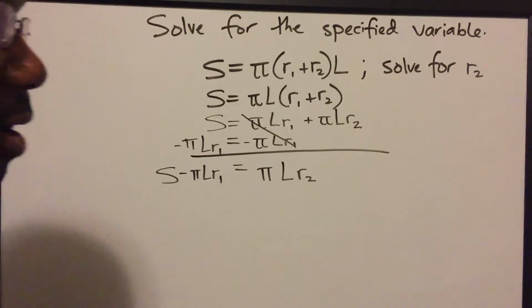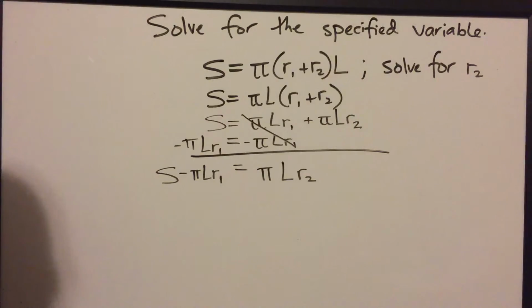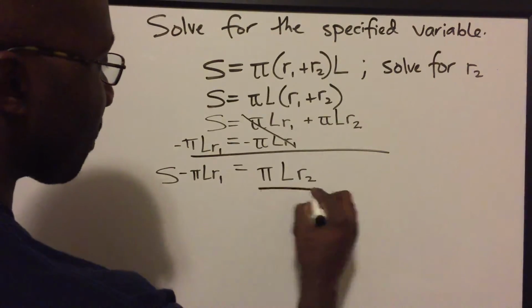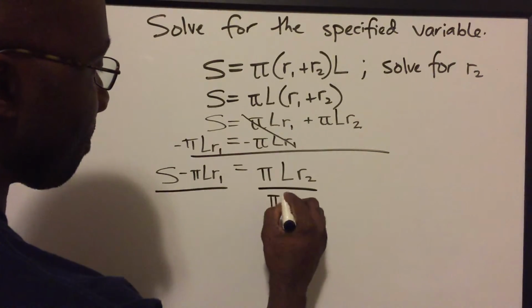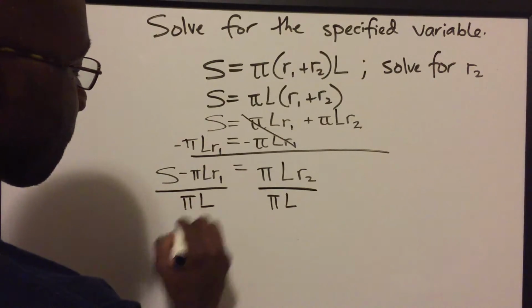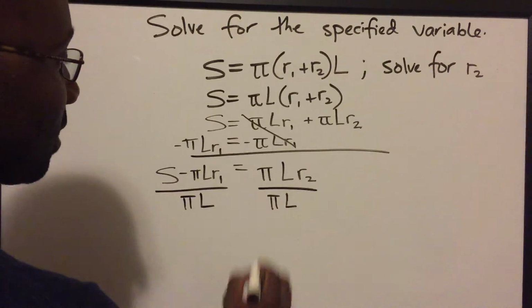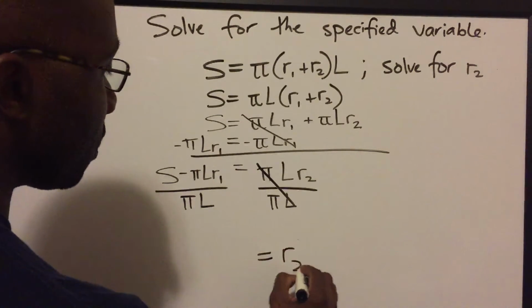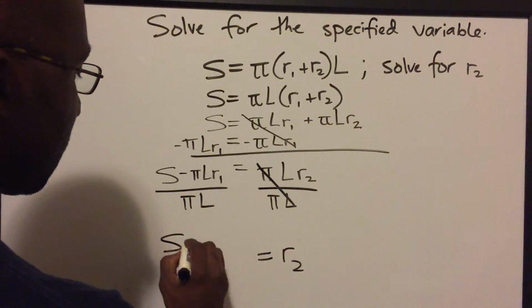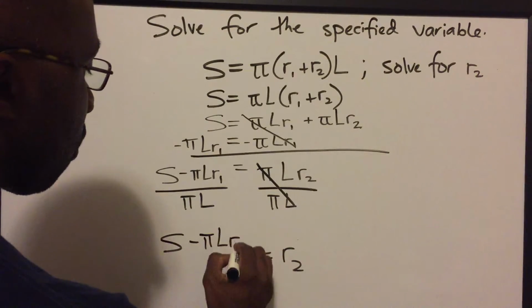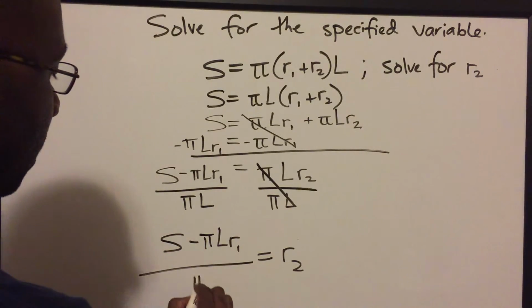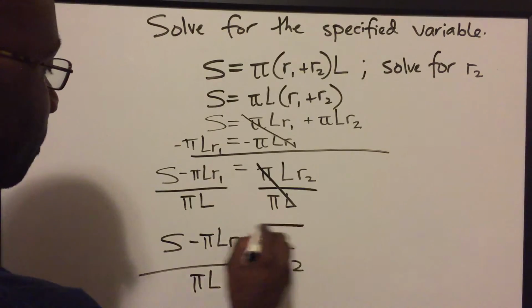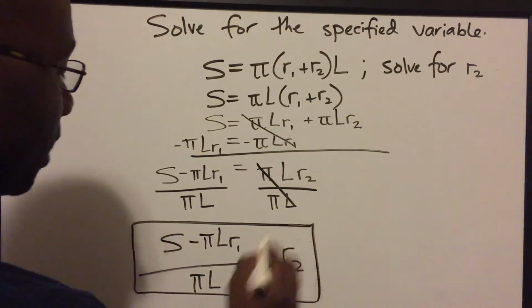Now if I want to get pi L R2 all by itself, all I have to do is divide by pi L. Once I do that, this cancels out. I have R2 is equal to S minus pi L R1, all divided by pi L. This is our final answer.